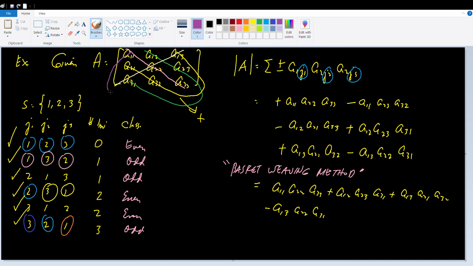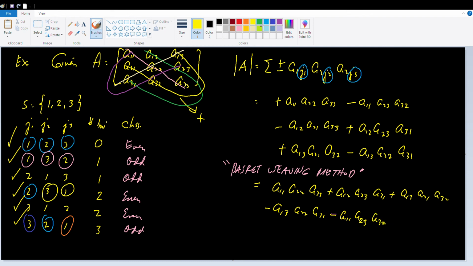Next, A11, A23, A32. So, negative A11, A23, and A32.